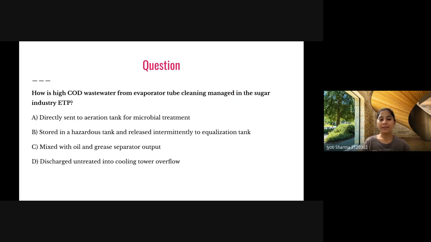We already have learned that whatever wastewater we get after evaporator tube cleaning, we have to divert it to the equalization tank, right? And before the equalization tank, we may store it in the hazardous tank. So that's how B will be the right answer. Yes.